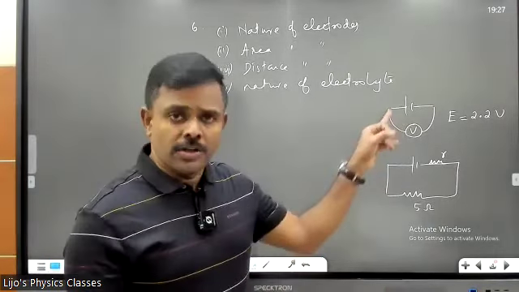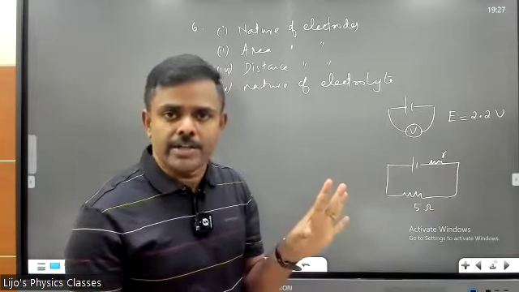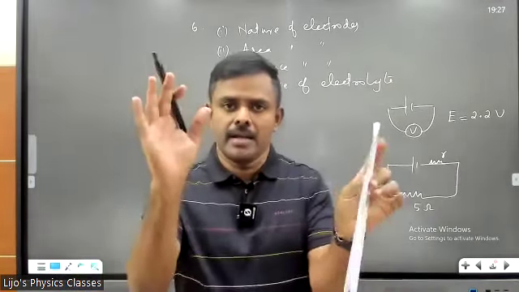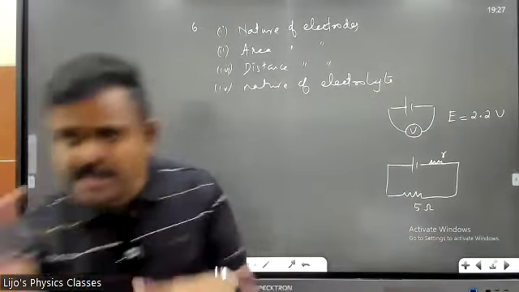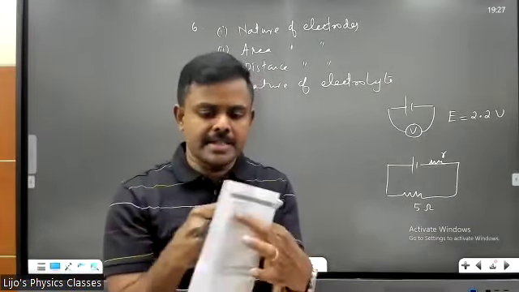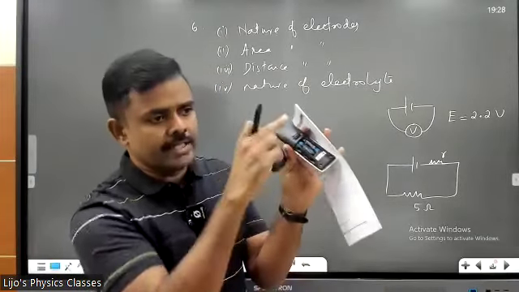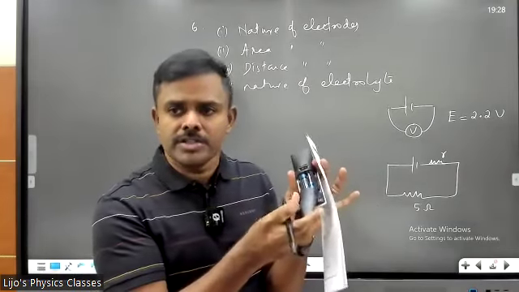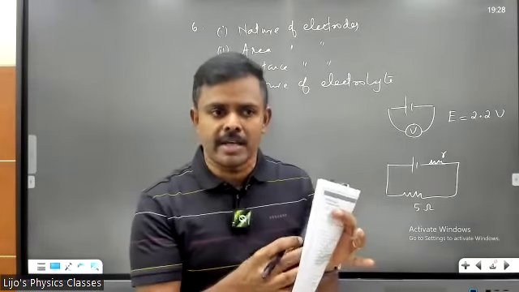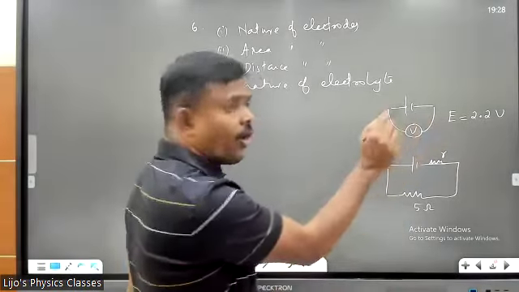Open circuit means you're not connecting anything; you simply take the cell and measure the voltage. For example, take the cell inside this remote and measure the EMF by connecting the voltmeter. It is written 1.5 volts, the maximum you could get from the cell. Here it is given as 2.2.